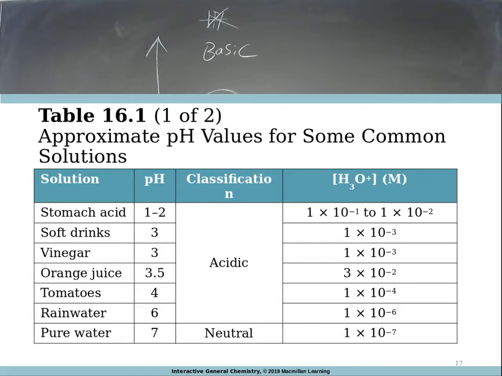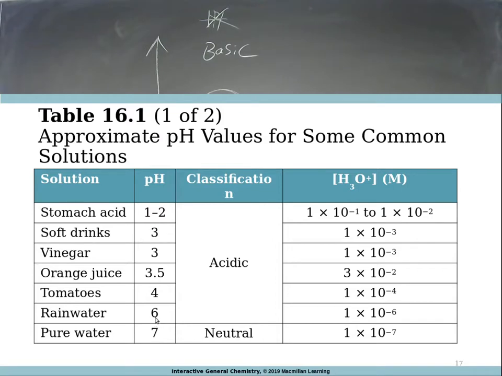In case it wasn't clear, by defining pH as a log base 10 scale, each unit on the pH scale represents a factor of 10 in the hydronium ion concentration.